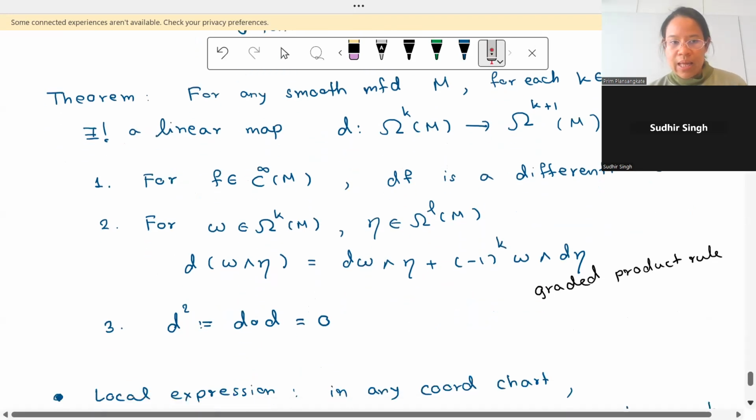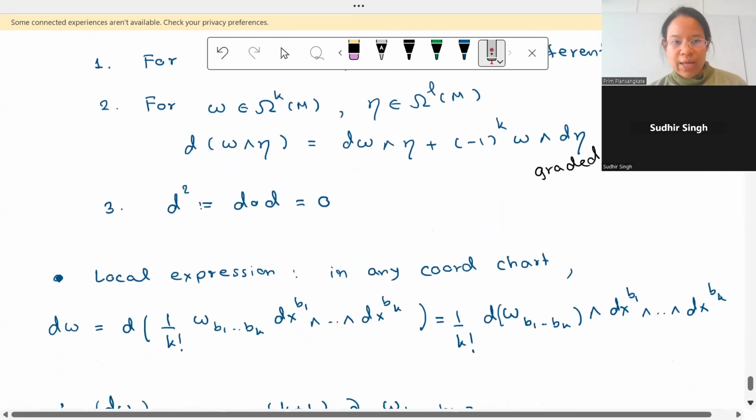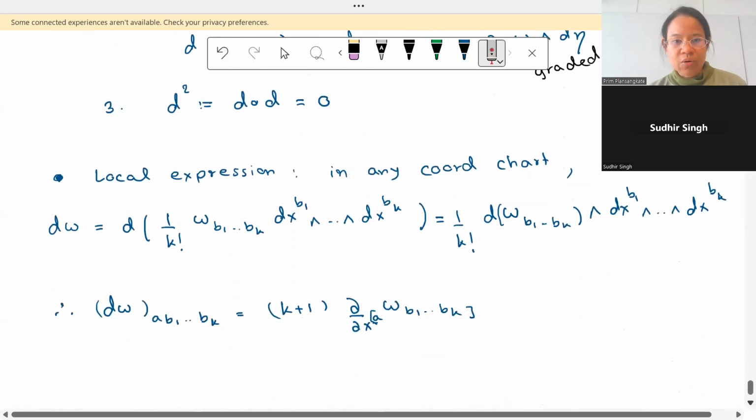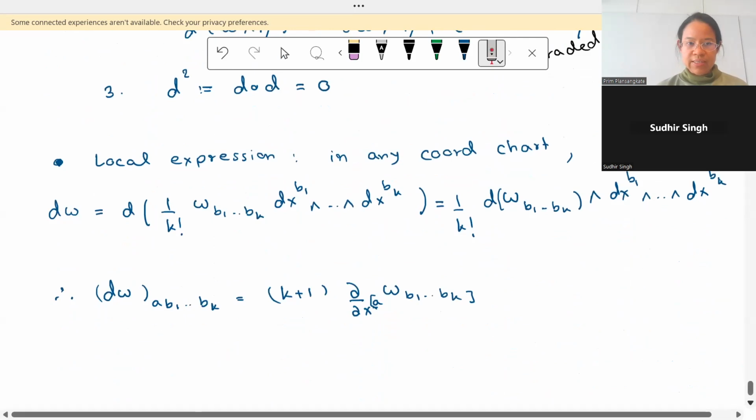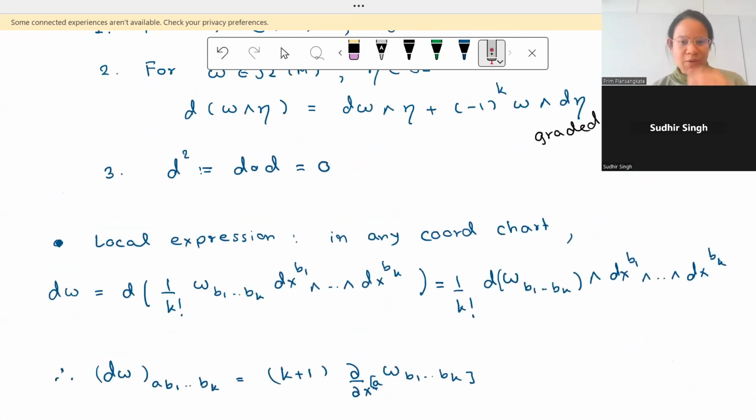And okay, I will end this with a local expression, because we might have to use it later.